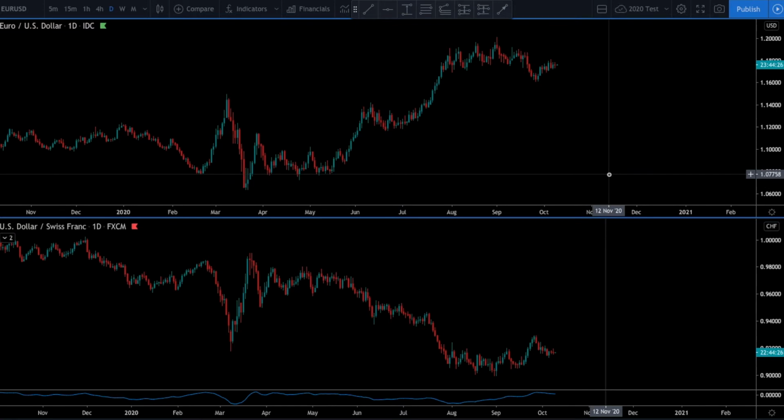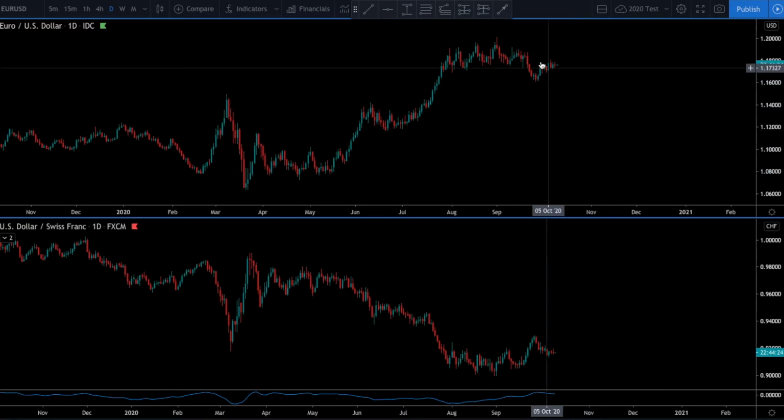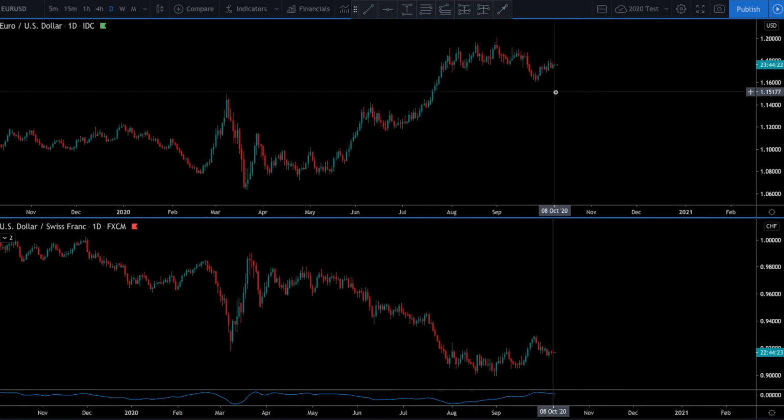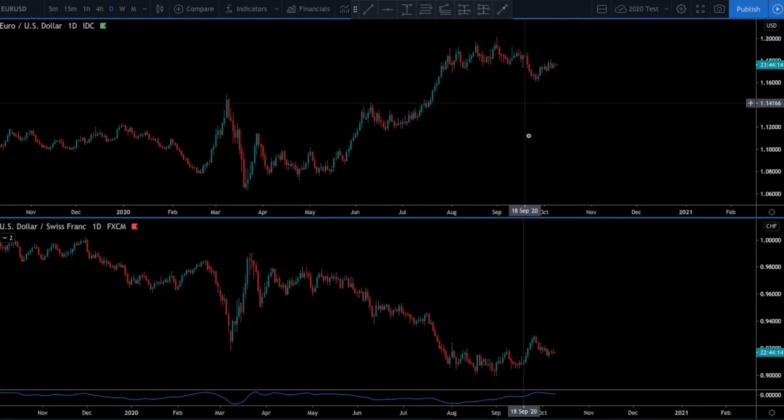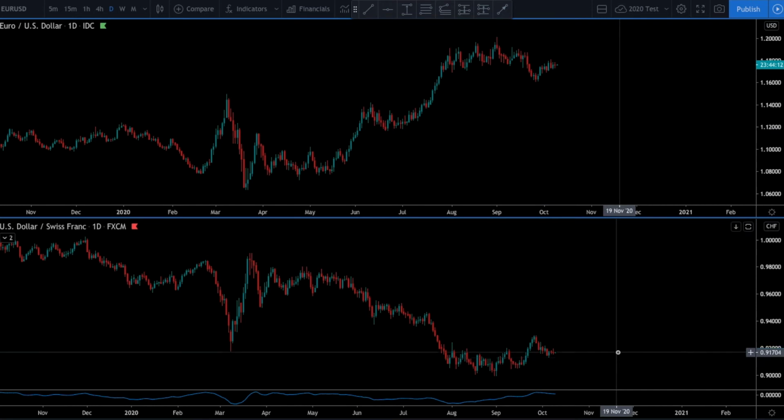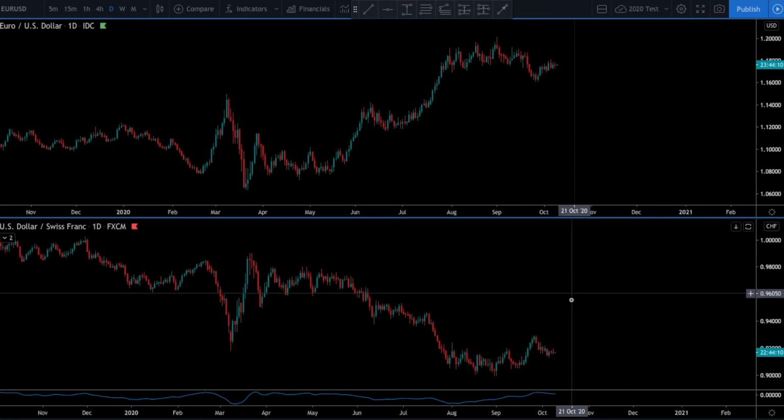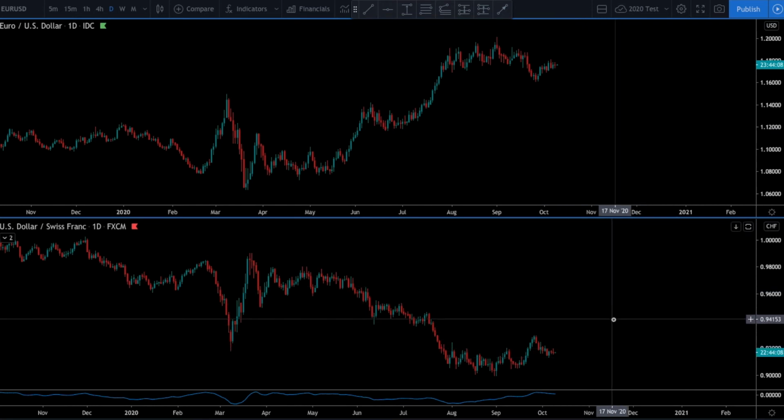So what could happen is, on one day, if you have a trade that is looking like a good setup for a long on euro dollar, US dollar, and there's a nice trade that's set up for short on the US dollar, Swiss franc, then those trades will play out for the most part the same.